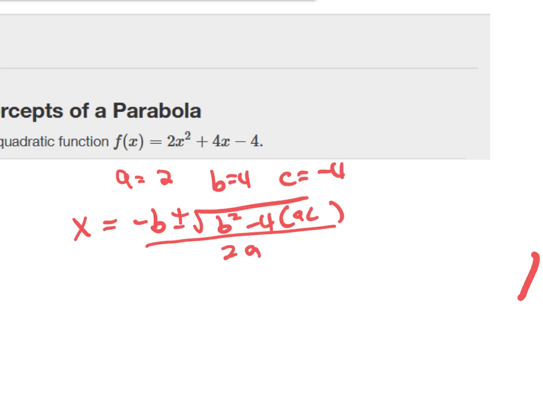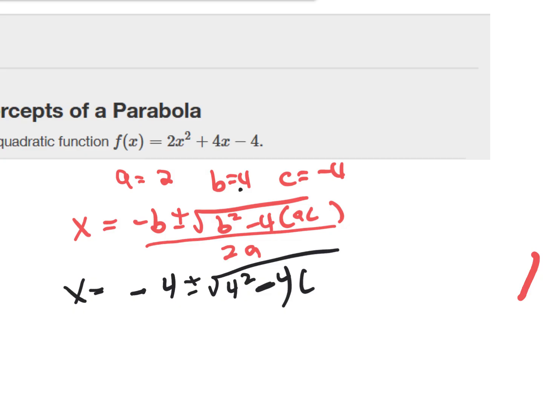Let's plug in what I have. X is opposite of b, opposite of 4. Plus or minus square root of 4 squared minus what? Minus a 4. Always minus a 4. Times what? AC. So my A is a 2 and my C is a negative 4.